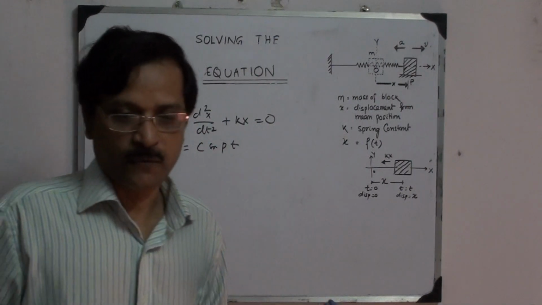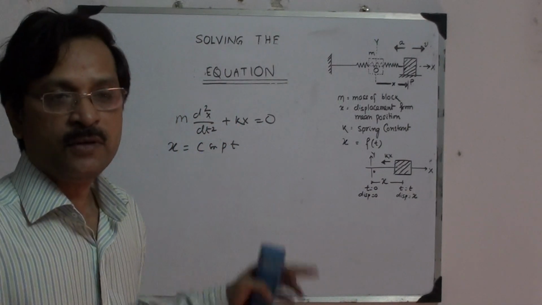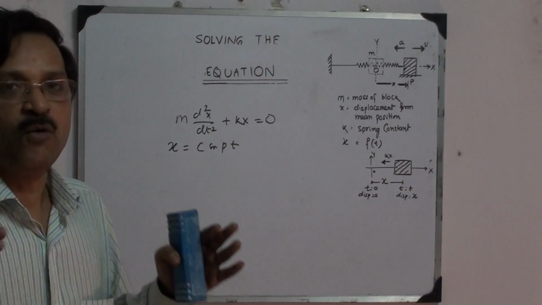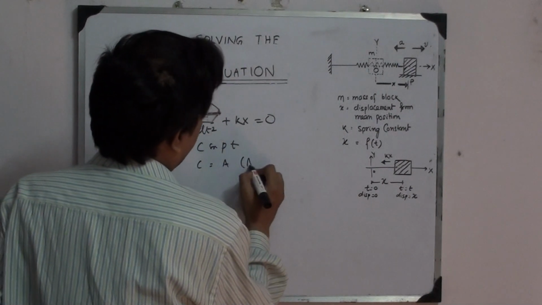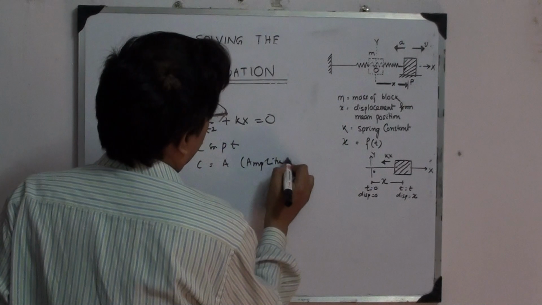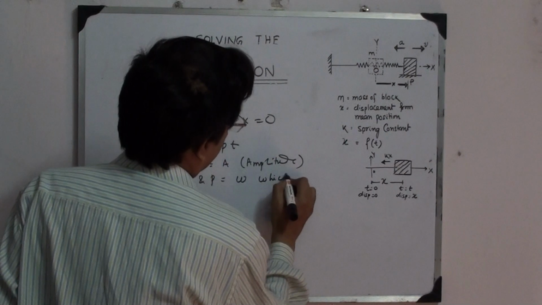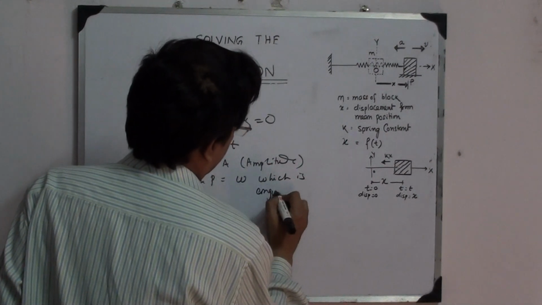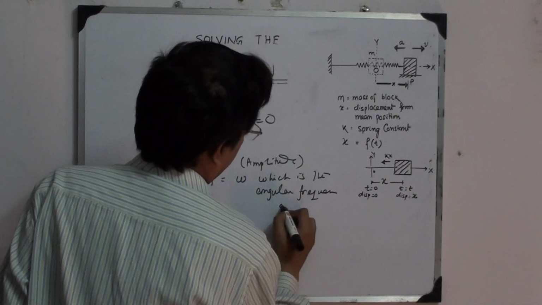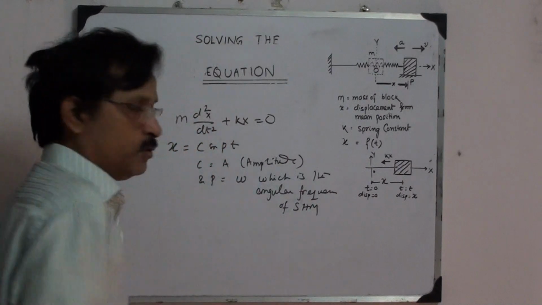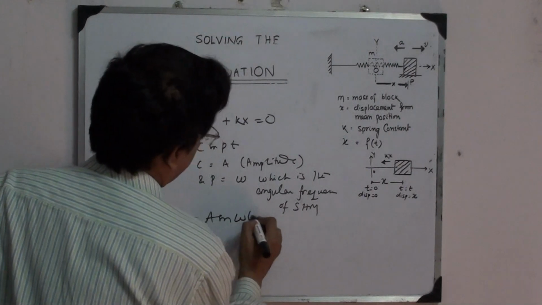Now I have come to a phase when we can disband the c and p and replace them with more familiar symbols, a and omega. c is replaced with a, where a is the amplitude, and p is replaced with omega, which is the angular frequency of SHM. So can we now move to x is equal to a sin omega t.